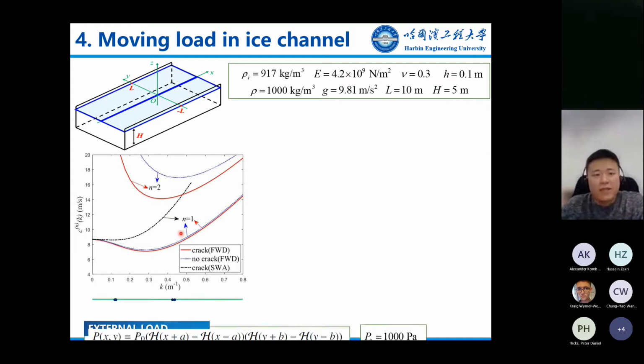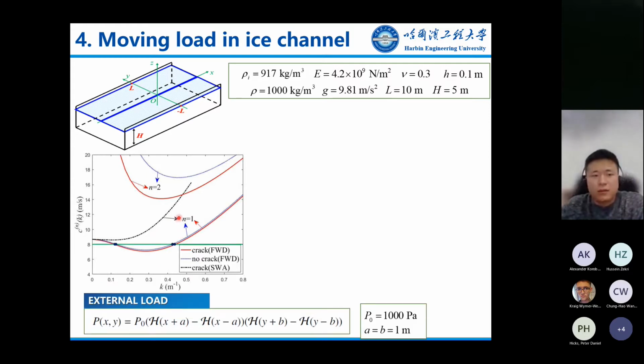For loads moving at 8 meters per second, here the green line, we can see that the load speed has two intersection points with the hydroelastic wave, which correspond to a short wave and a long wave.